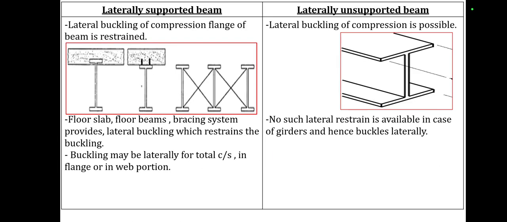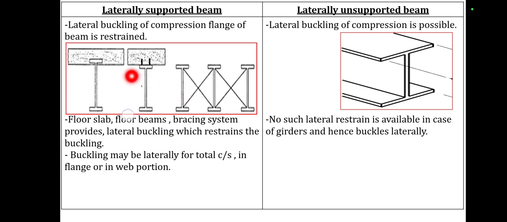Then our area of interest, that is, laterally supported beam and laterally unsupported beam. In the previous slide we learned what is meant by a beam, and now we are going to learn what is meant by a laterally supported beam and a laterally unsupported beam. The lateral buckling of the compression flange of a beam is restrained in the case of a laterally supported beam.